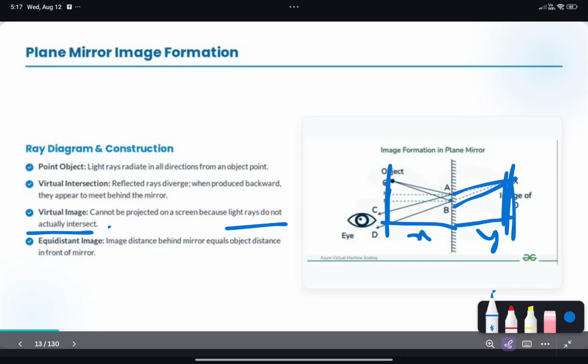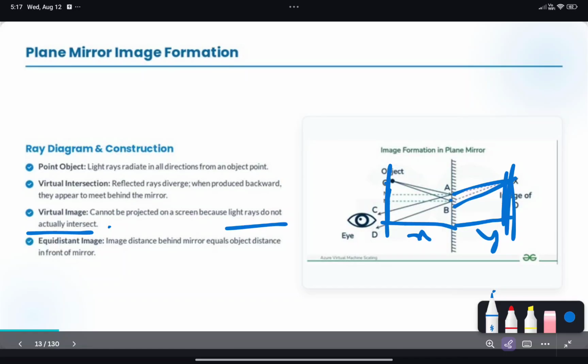Cannot be projected on the screen. What is the reason behind that? Because the rays do not really intersect; they intersect behind the mirror. The image is formed, but why is it a virtual image? Because imaginary rays are intersecting. Yes, imaginary, not real. It cannot be projected on the screen because light rays do not actually intersect.